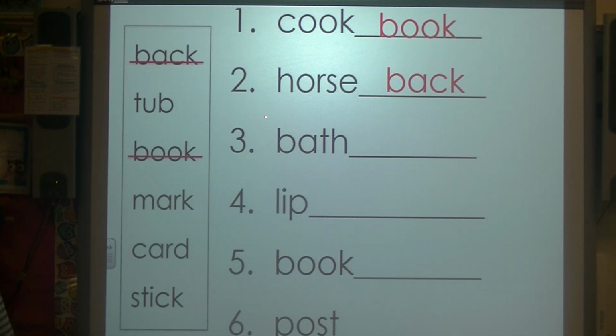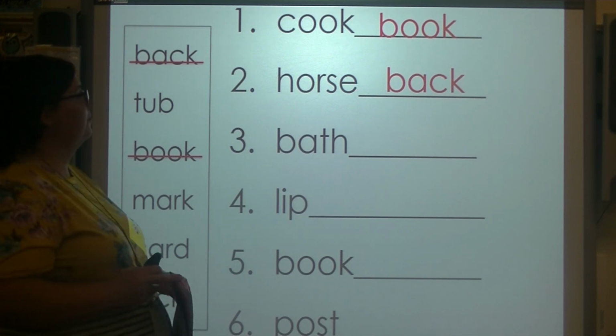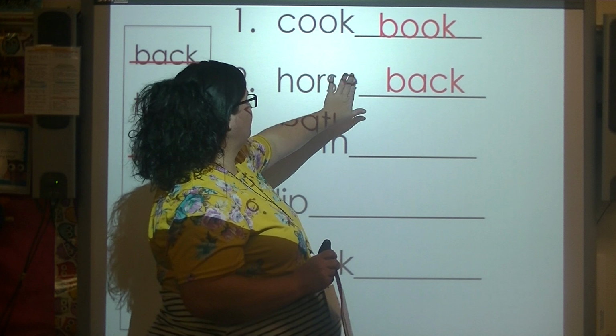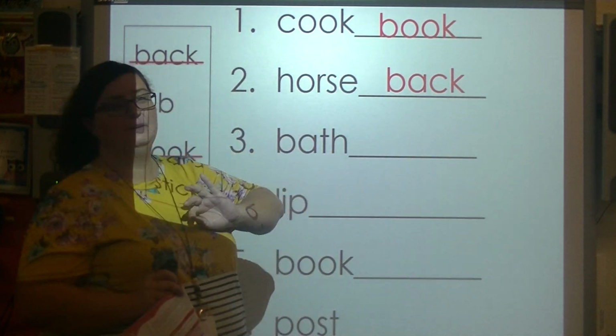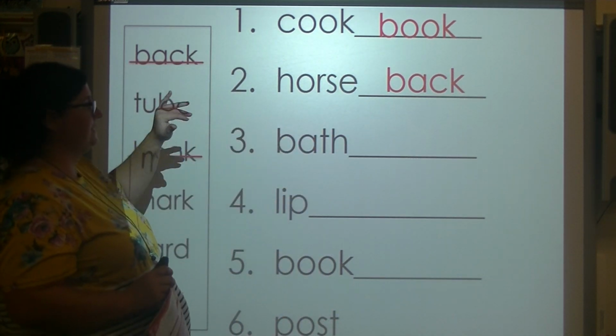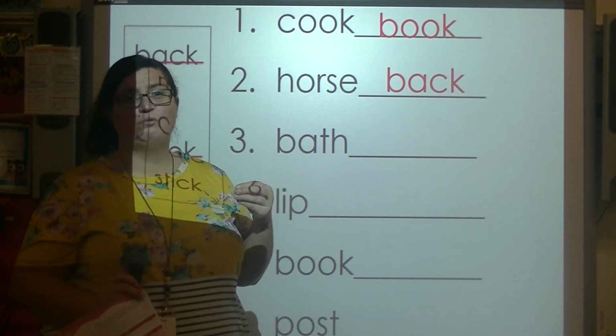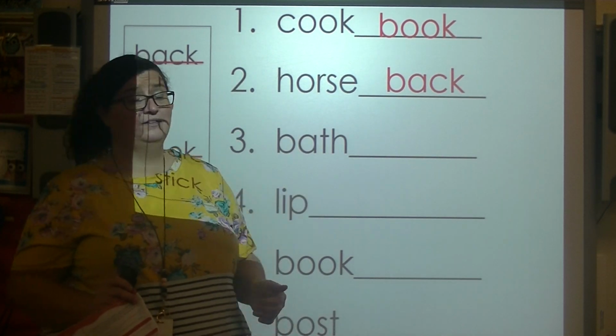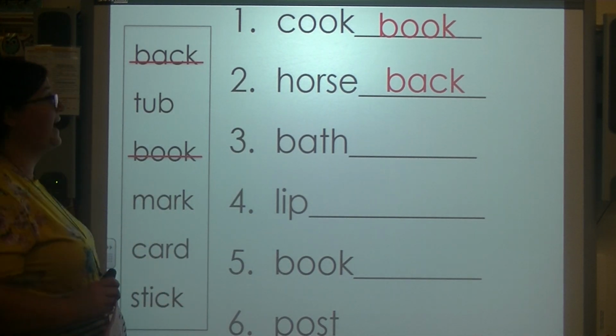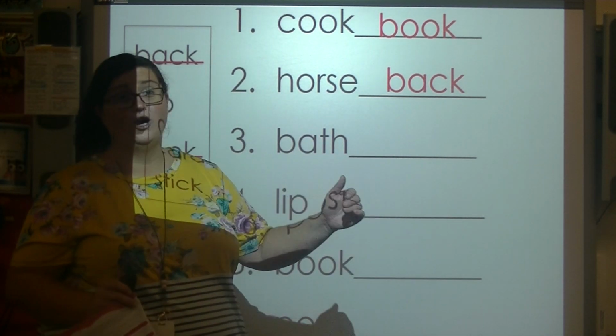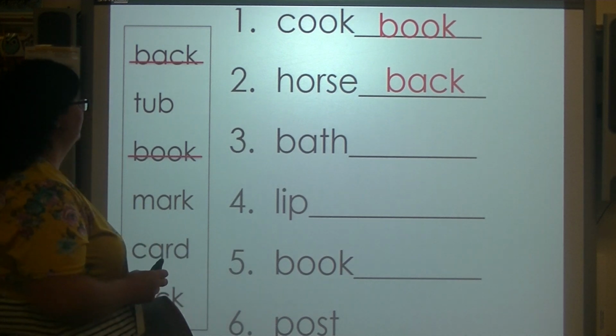All right, horseback. Remember, mine needs to go over a little bit. Yours should be matching up with it. PowerPoint didn't want to slide it over that far. All right, horseback. You can ride horseback. That means riding on the back of the horse. The horse's back.